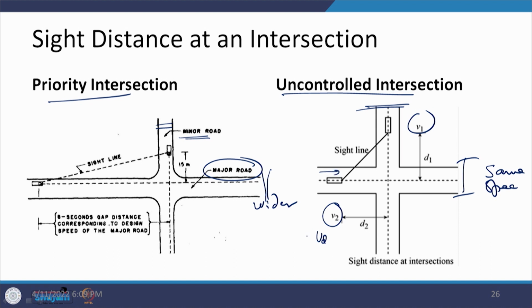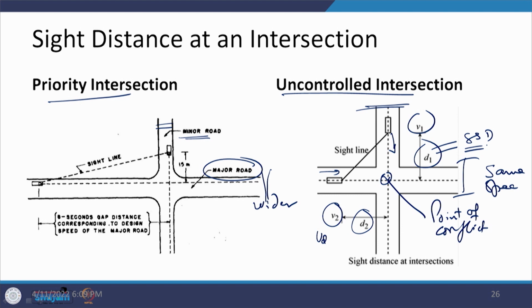So, this vehicle is moving like this, this is moving like this, this is the point of conflict. So, the distances which the vehicles are moving, D1 and D2, should be equal to minimum SSD. That is what we are trying to ensure on these uncontrolled intersections.